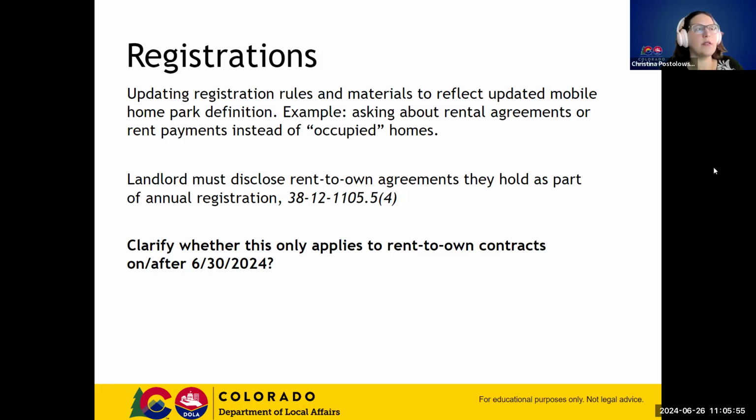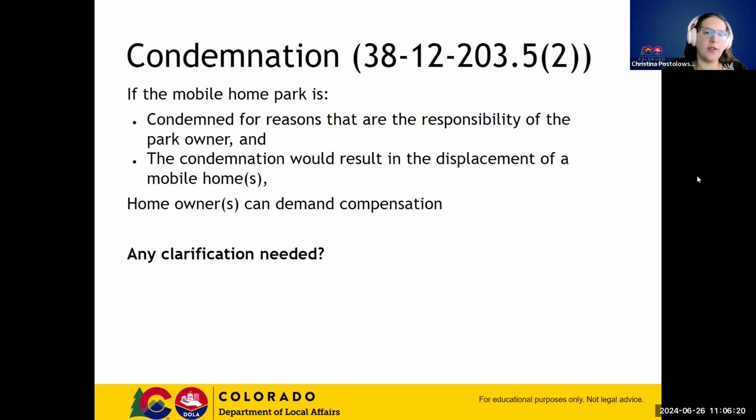Landlords are going to need to disclose, starting on June 30th, rent to own agreements that they hold as part of their annual registration with the program. And we'll be sending out more information in the registration information packet to folks who need to renew their registration on the additional information that they'll need to provide.